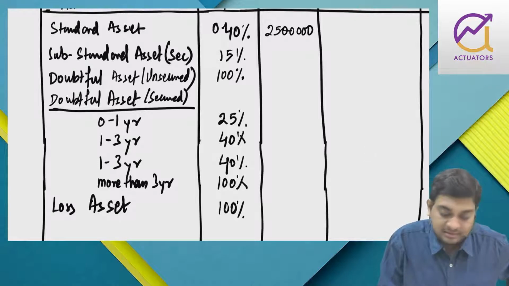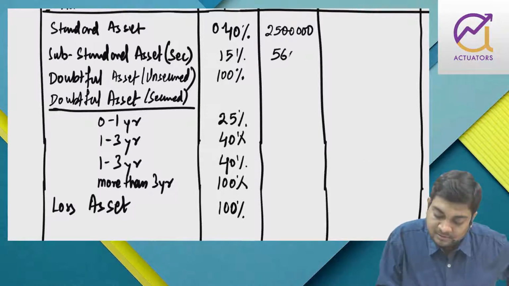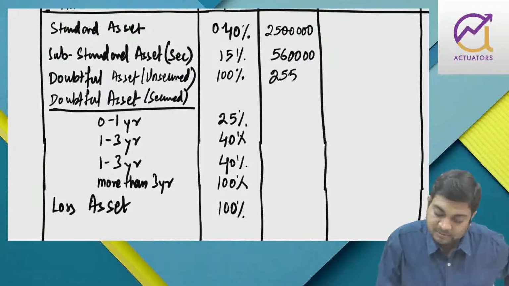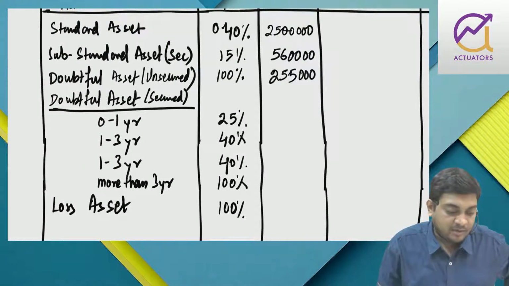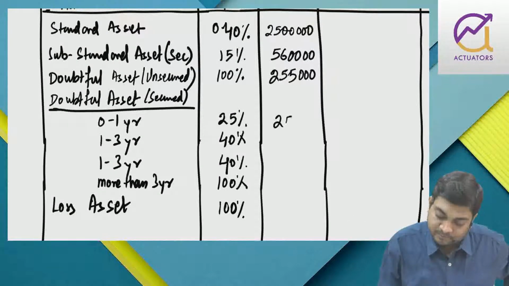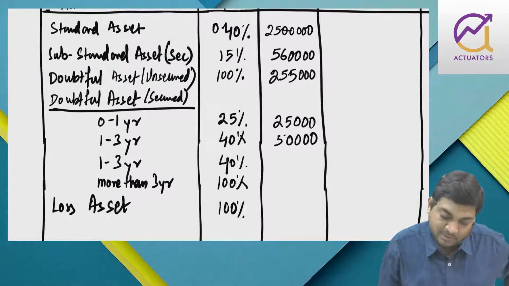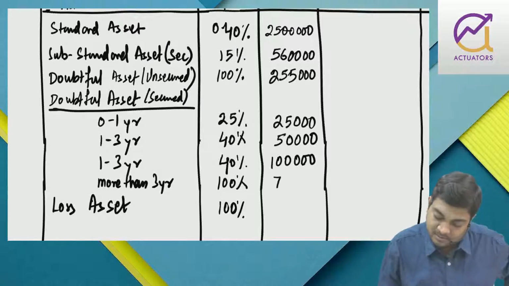25 lakh, 5 lakh 60, 2 lakh 55, 25,000, 50,000, 1 lakh, 75,000.